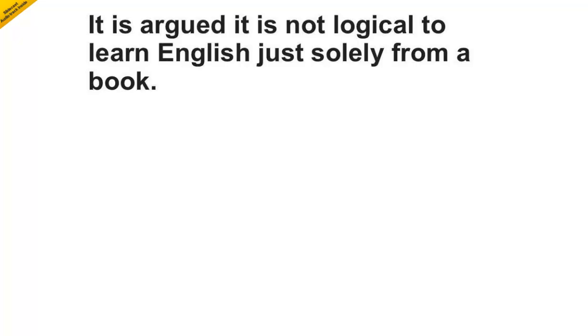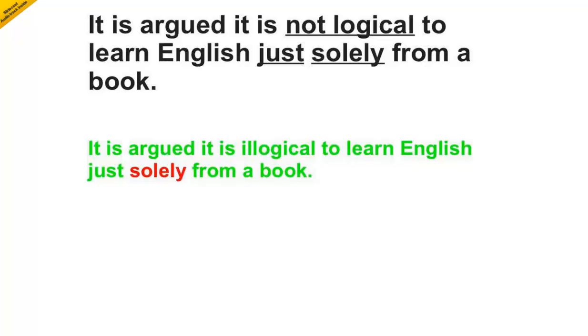So we could say, it is argued it is illogical to learn English just solely from a book. Can you see that? We say it is argued it is illogical instead of saying it is argued it is not logical. Okay? And once again we reduce the words, we show more vocabulary, and we pick up points.